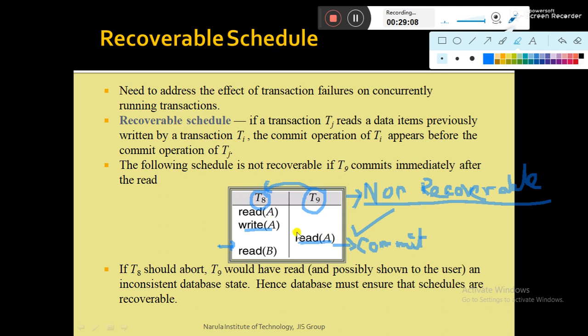Again, let me explain with a daily life example. Suppose in a class I have given tasks to two students.